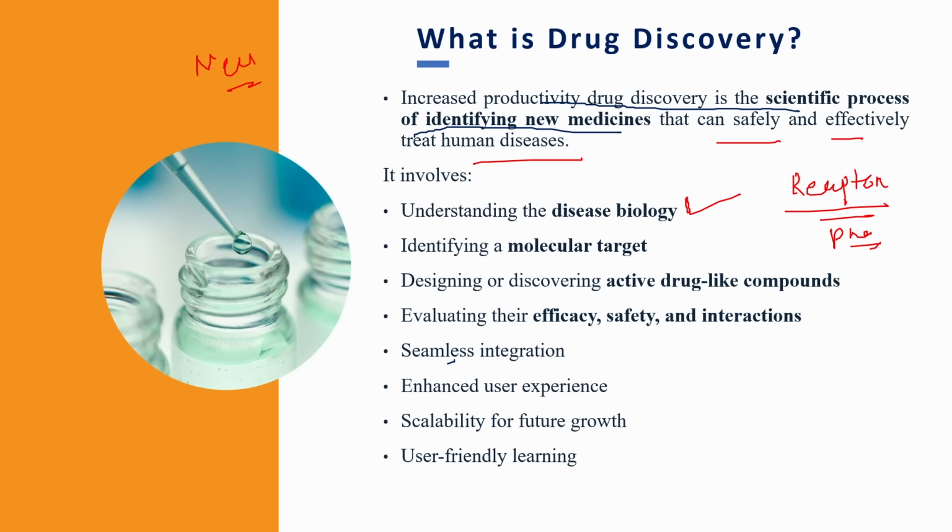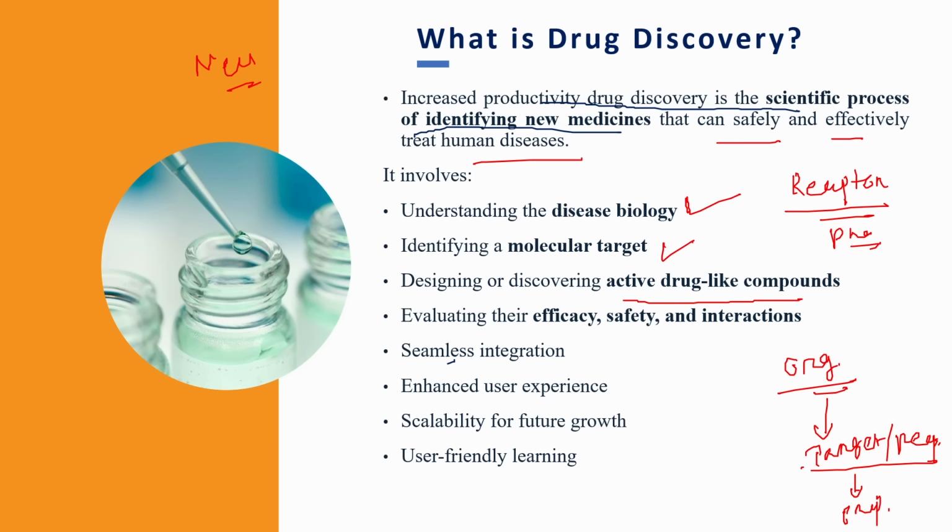Then we identify the target. First, we find the organism, then we go for the target receptor. Then we prepare a molecule according to it, designing or discovering an active drug-like compound.